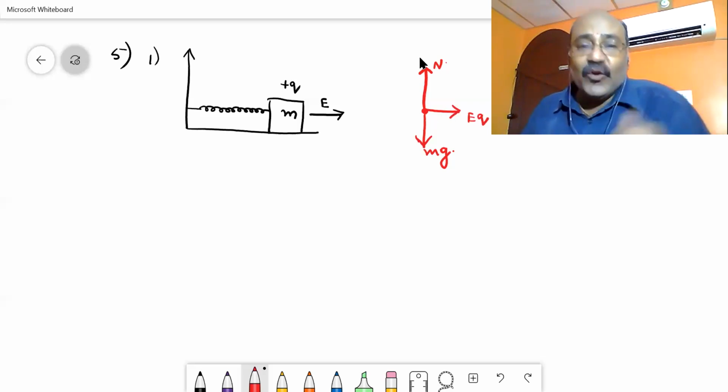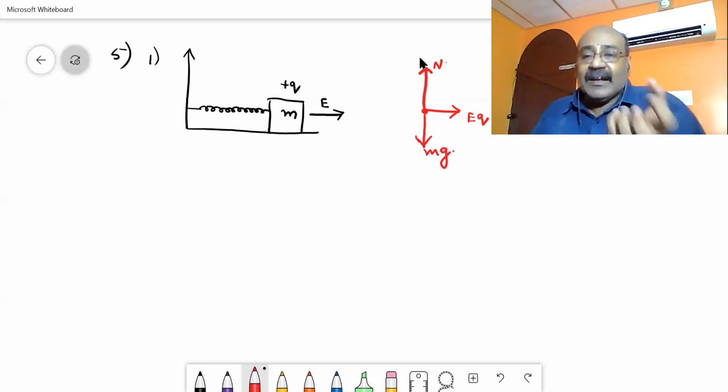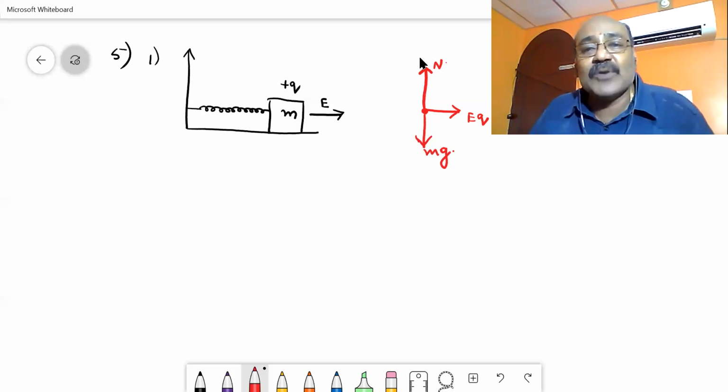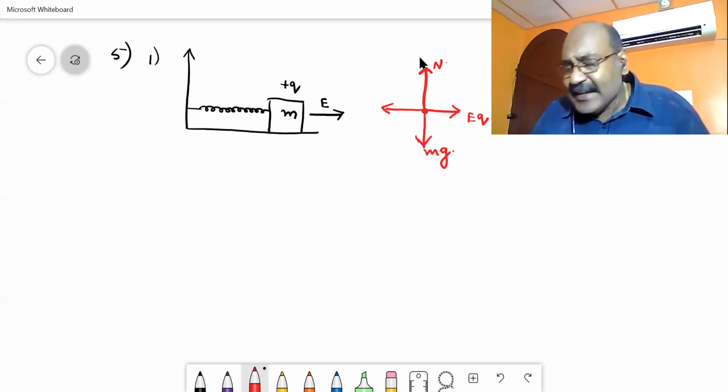This force EQ will pull the spring. When that EQ is pulling the spring, automatically a restoring force will be developed inside the spring, called the spring force or restoring force, in the opposite direction. That is, the restoring force will try to restore the position of the mass. What is that restoring force? Let us write it out as Fs, which is equal to minus k into x.